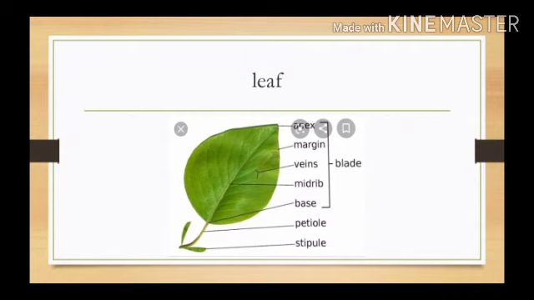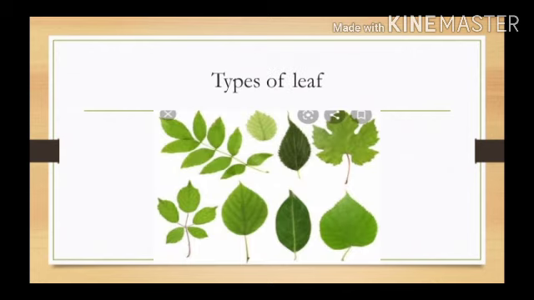Leaves of some plants have a stalk called a petiole. Leaves of some plants do not have a petiole. The portion of leaf attached to the stem is called the leaf base. Small leaf-like structures may be present near the leaf base. These are called stipules.